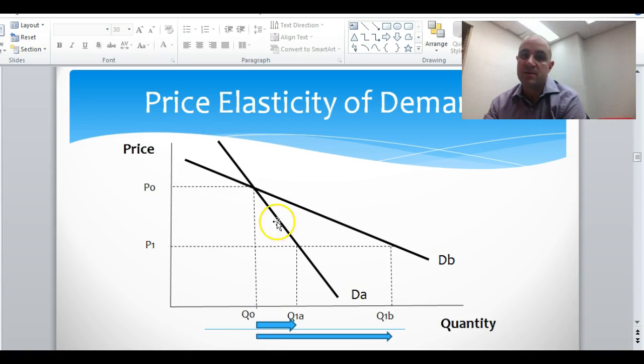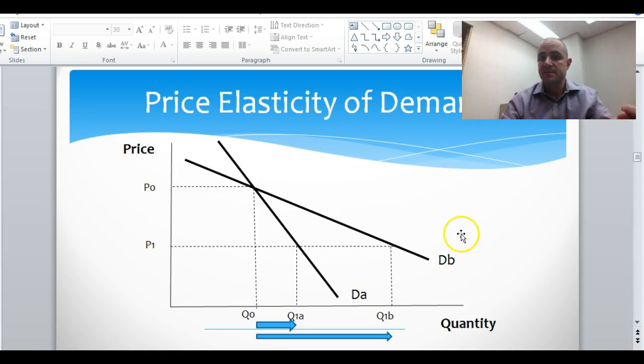Now, in demand A, when we go down to P1, we see a relatively small change in quantity demanded. So the number of units does not go up by that much. With demand B, however, when the price goes from P0 to P1, we see a much larger increase in the quantity demanded. So basically, not every demand curve is created equal.